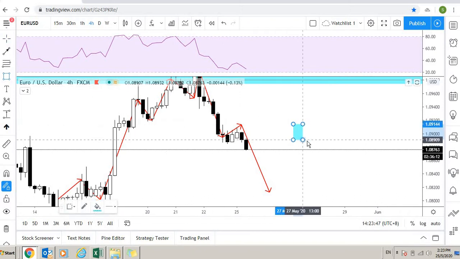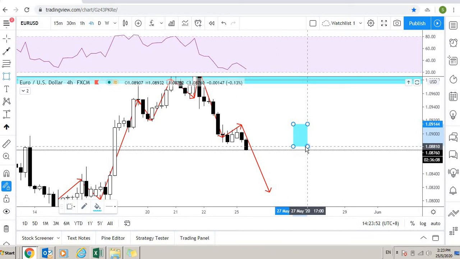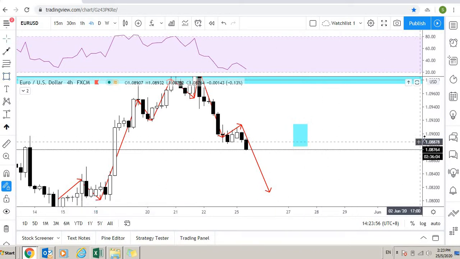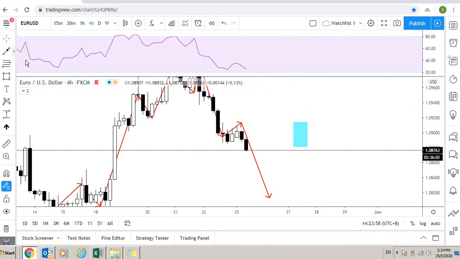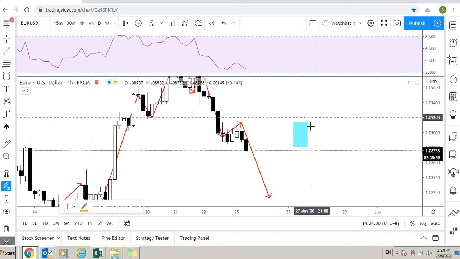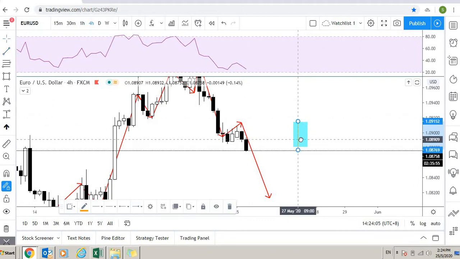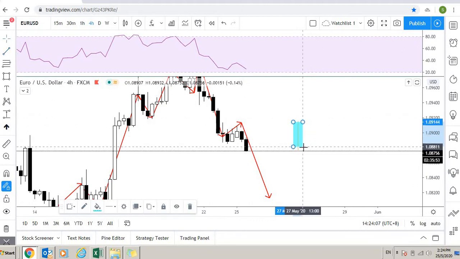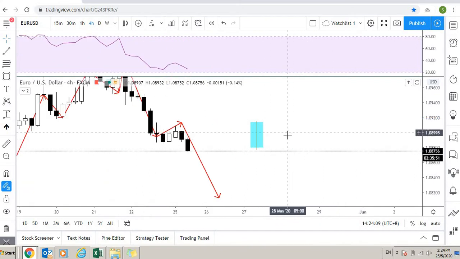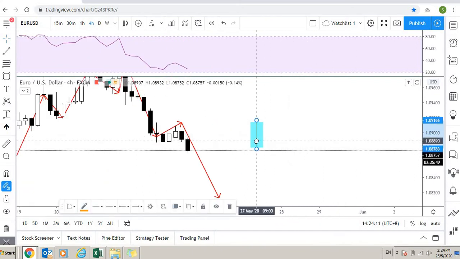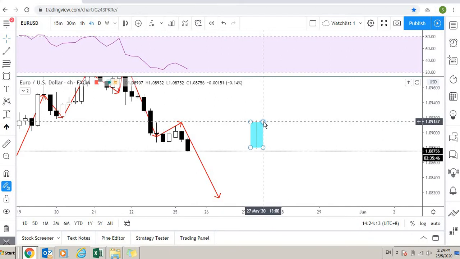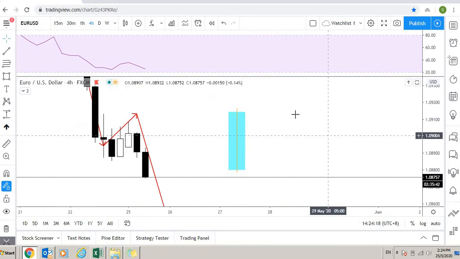If you want to look for a single bearish bar, you will likely see this kind of single bearish bar. A single bearish bar is a confirmation that price is bearish. Basically we can see the price opened at this high and tried to push up to this level.